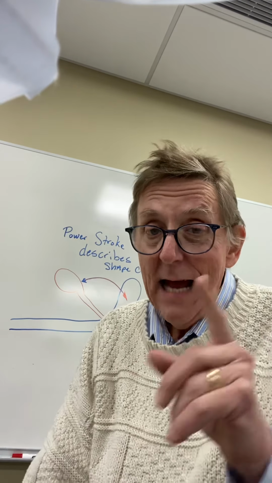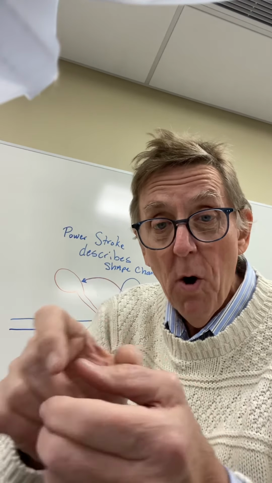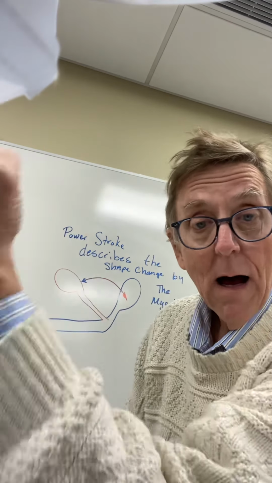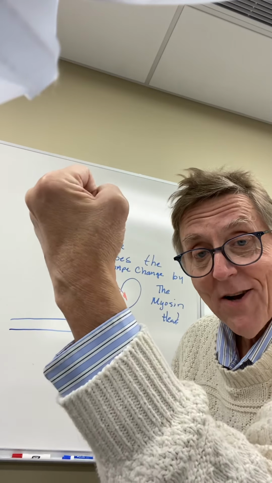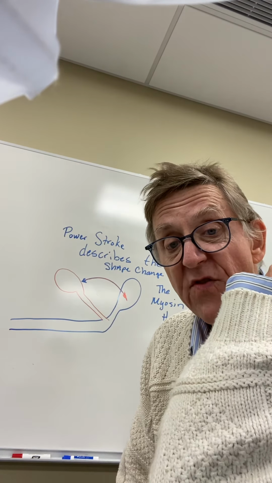Well, as you know, the calcium comes along, combines with troponin, which pulls the tropomyosin off of the myosin binding site. And now this bugger can grab onto it and pull. And then it's stuck there.